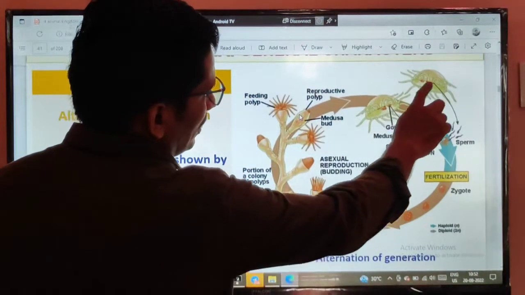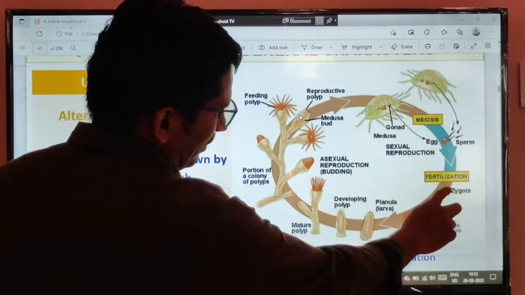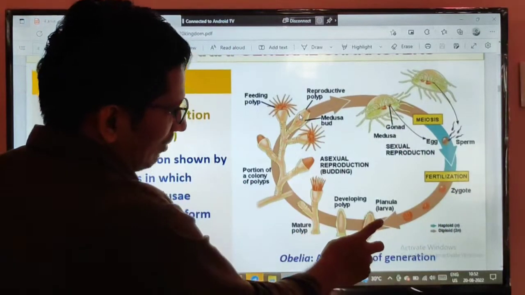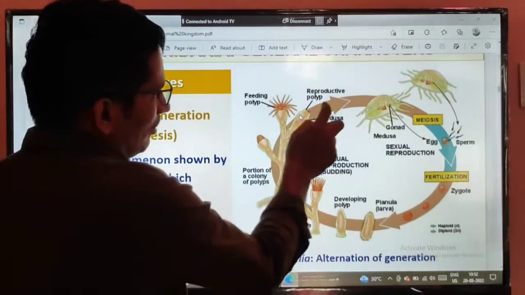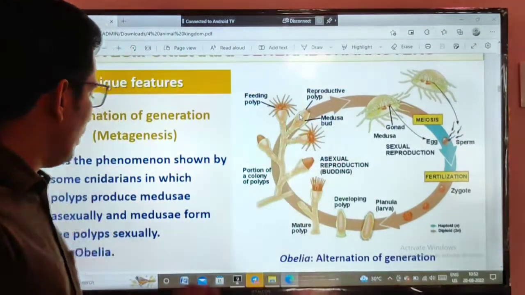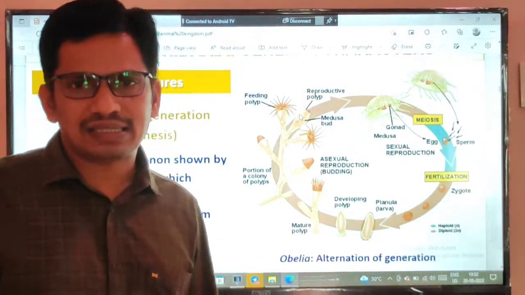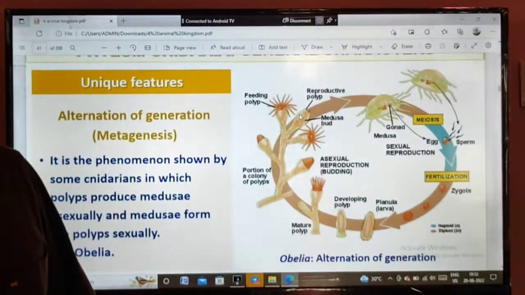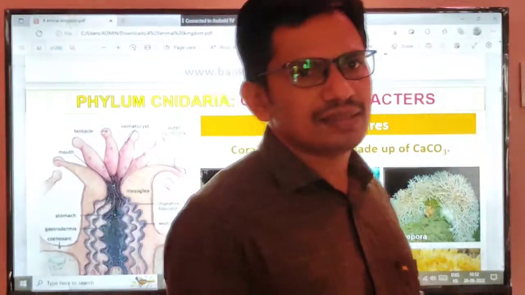Starting from here, these are the two umbrella-shaped medusae. Then they fertilize and the planula larva will be formed. Then it develops into the polyp stage, then the asexual mode, and then that will be formed here. That process is known as metagenesis, the alternation of generation. Right? Thank you.